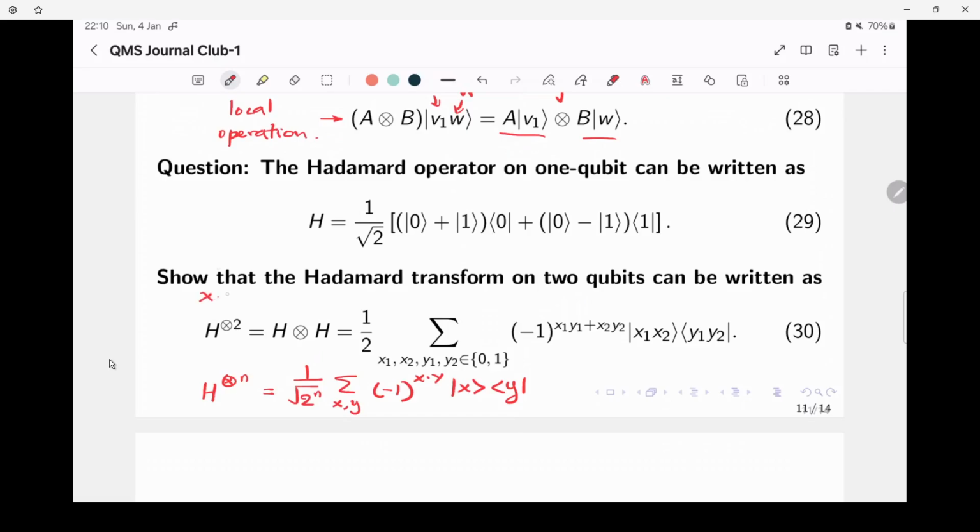So x dot y basically is this: you take your x as a column matrix, x1 until xn, and y would be another column matrix, y1 until yn. So x dot y basically is the inner product of x1 until xn with y1 until yn. Over here, I just want you to do Hadamard tensor 2 times, so that's why I just write the whole equation out.